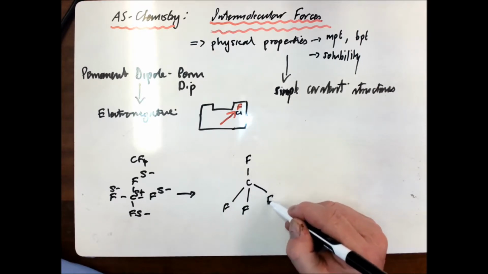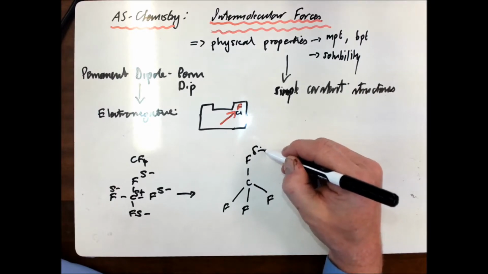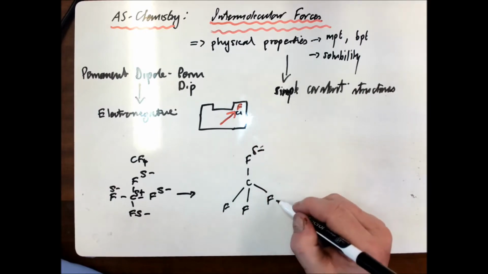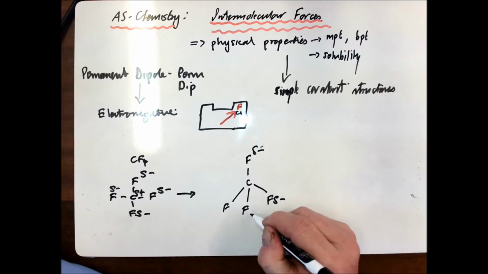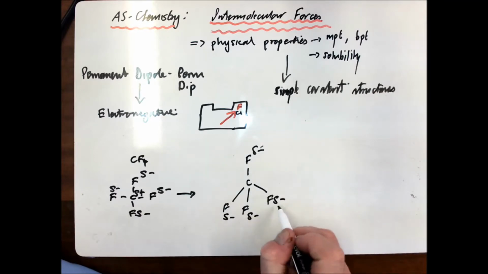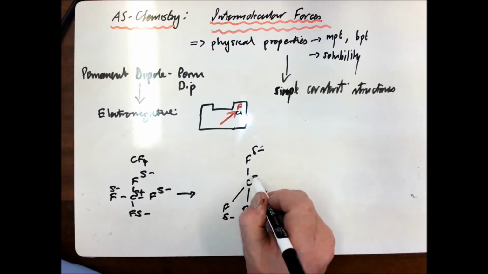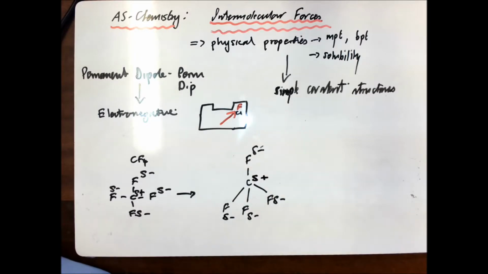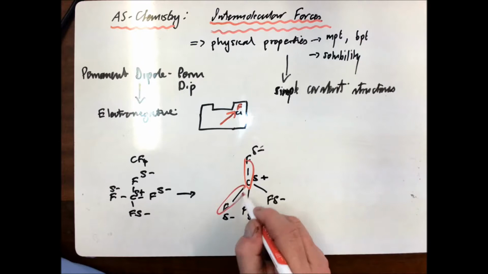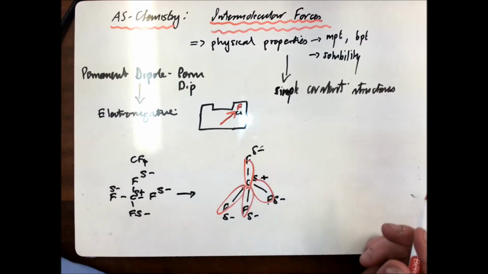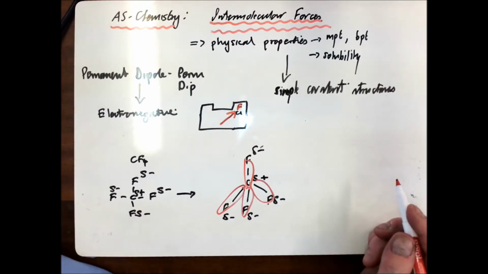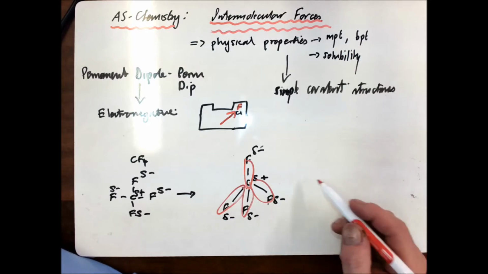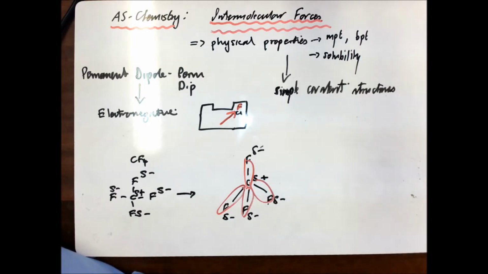I haven't drawn a 3D. I'm assuming that you can all grasp the concept. So these are all delta negatives, and that's delta positive. So the first question we ask ourselves, well, does it have polar bonds? Well, yes, it does. All of its bonds are indeed polar. Is it a polar molecule? And in order for it to attract another molecule like this, it's got to be polar.